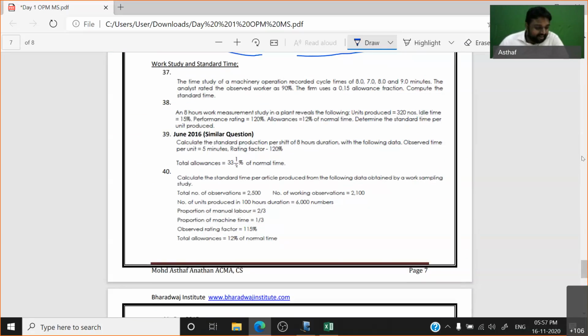So first question: the time study of a machinery operation. So we will start with the second one.